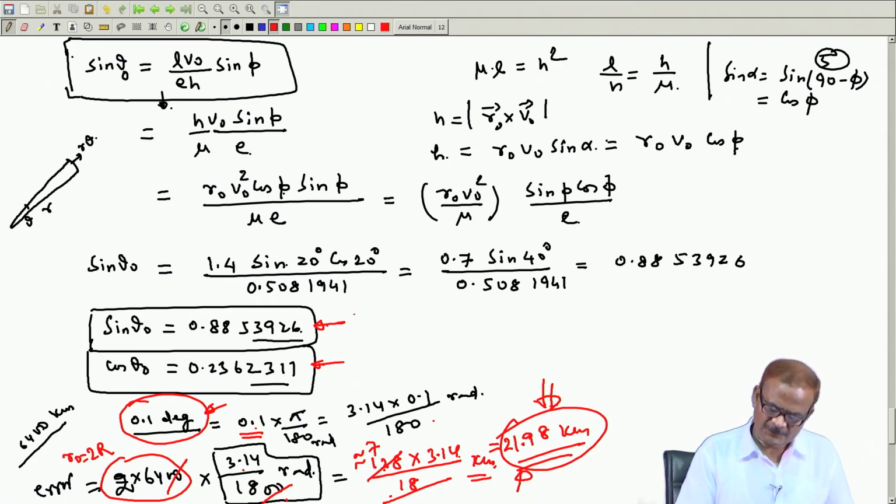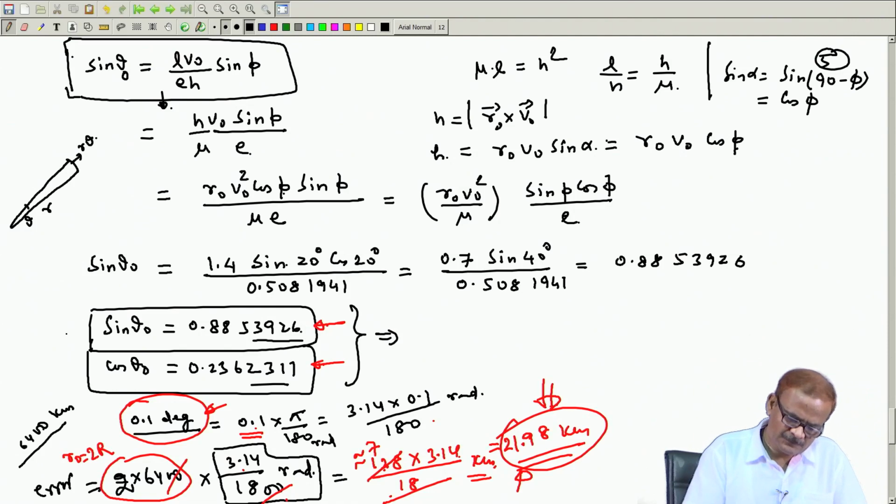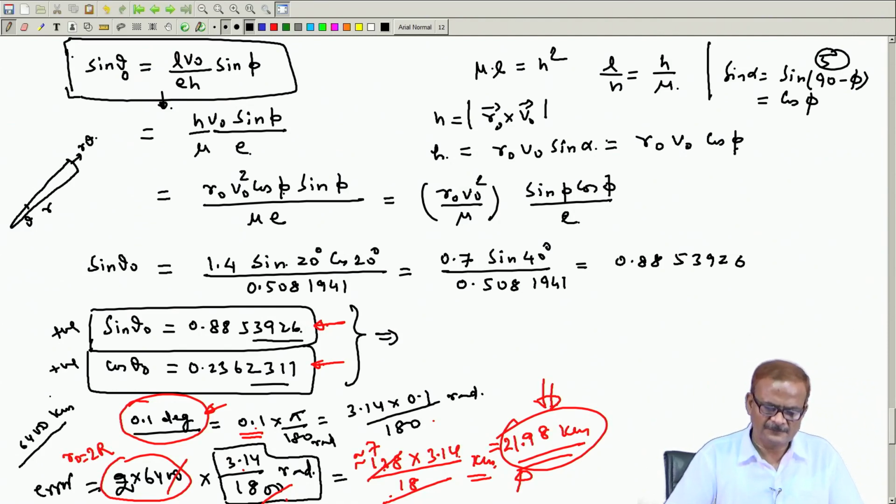Now, based on these two, we need to find out the theta. We can see that both of them are positive, so that means it is lying in the first quadrant, as we have discussed in the last lecture.